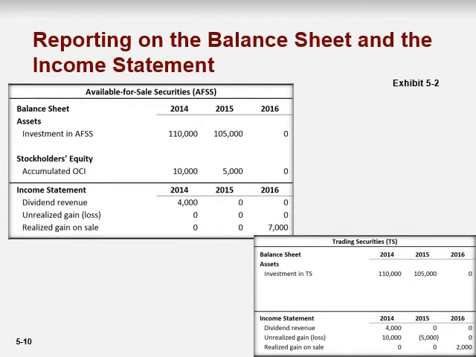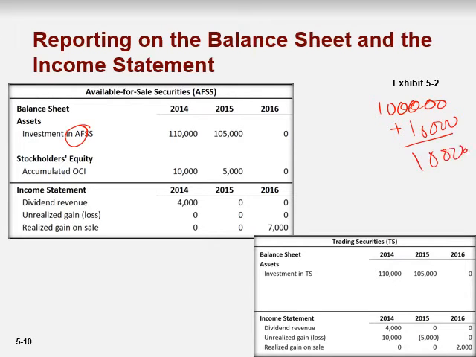If we continue our previous example of Apple Corporation purchasing stock of Intel, and we categorize that security as available for sale securities, how are we going to record it? Let's continue with that example. We purchased the securities when it was 100,000, and then in the same year it increased by 10,000.